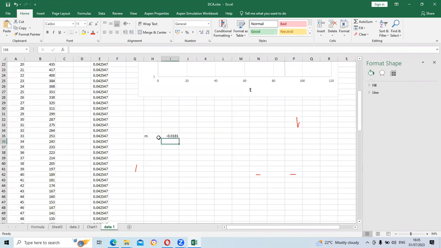So if you take that, it means that our value of B is equal to 0.0181. That is our value of B.